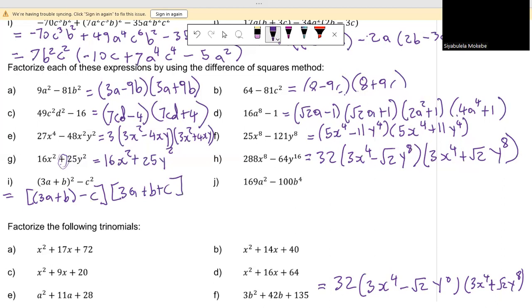Then here we have 13a minus 10b squared, then 13a plus 10b squared. Sure.